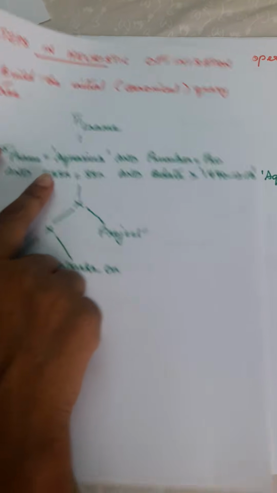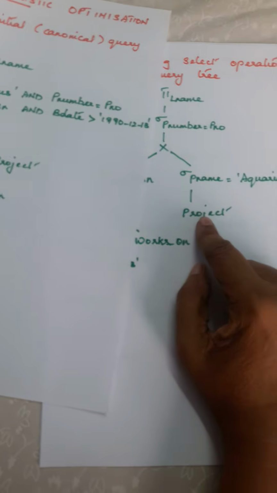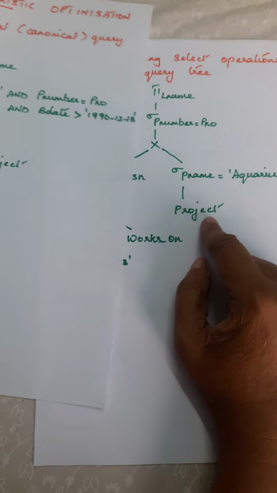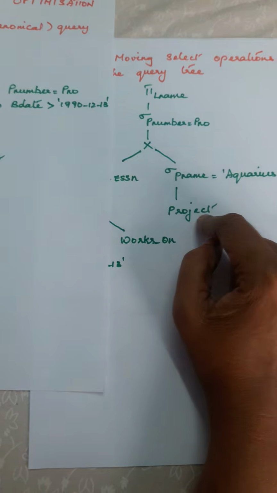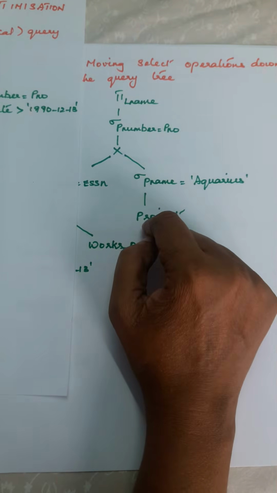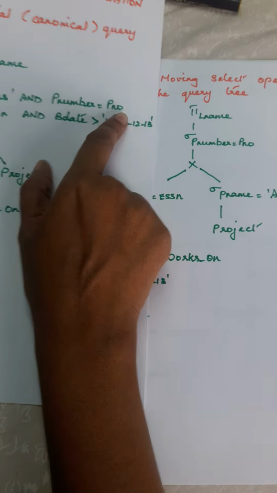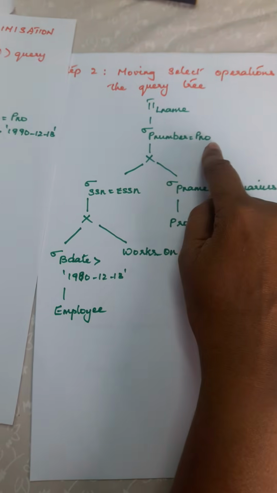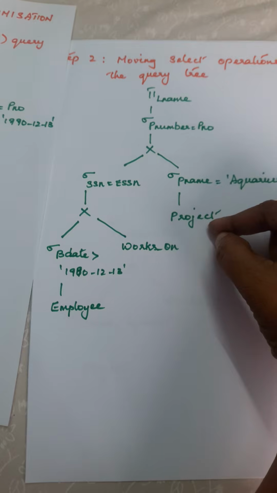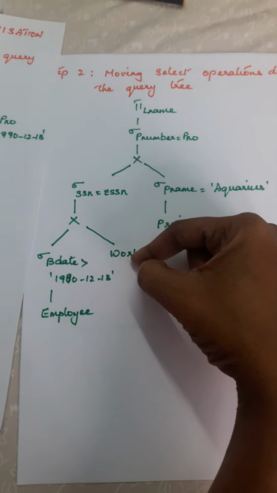Actually the sigma P name is equal to Aquarius is related to relation project. So that sigma condition we will be bringing towards the relation project. And the next one was P number is equal to PNO. Actually this P number is equal to PNO is the joining condition for relation project and works on.